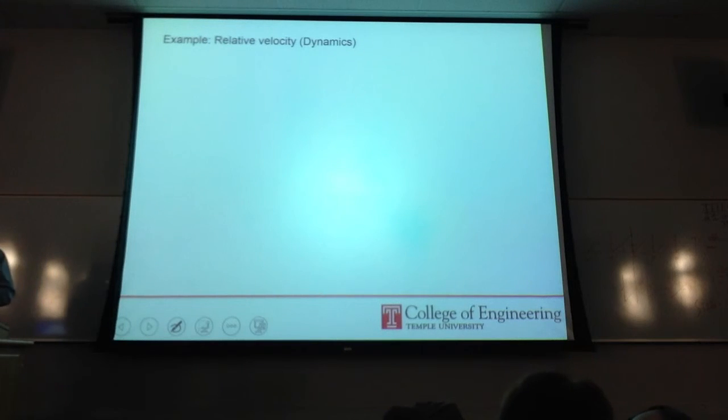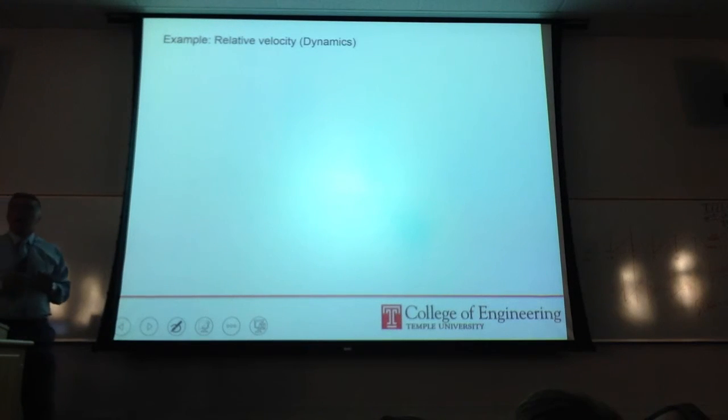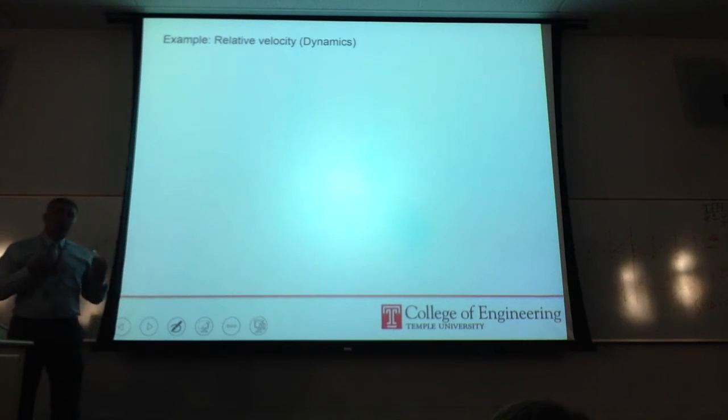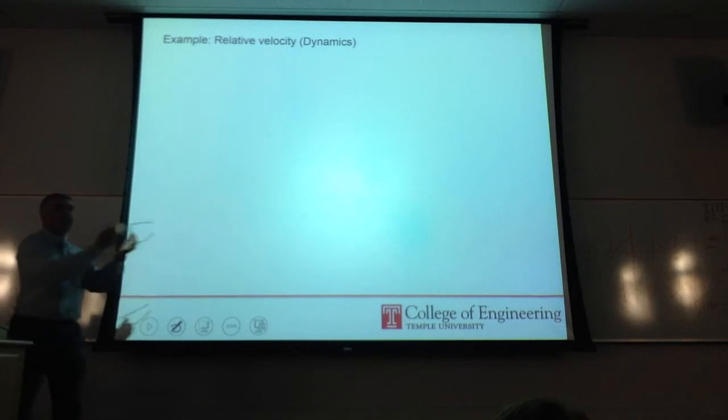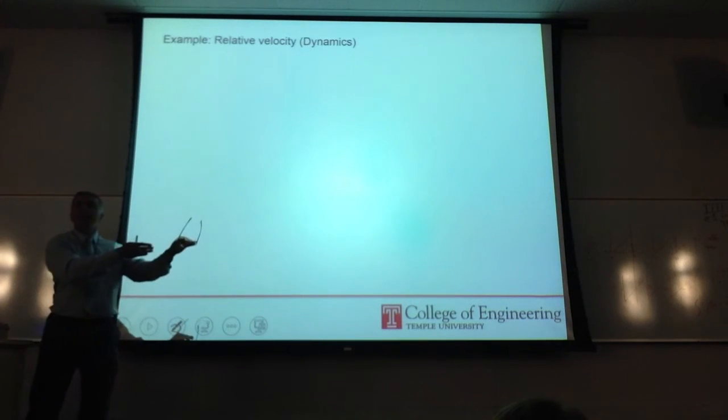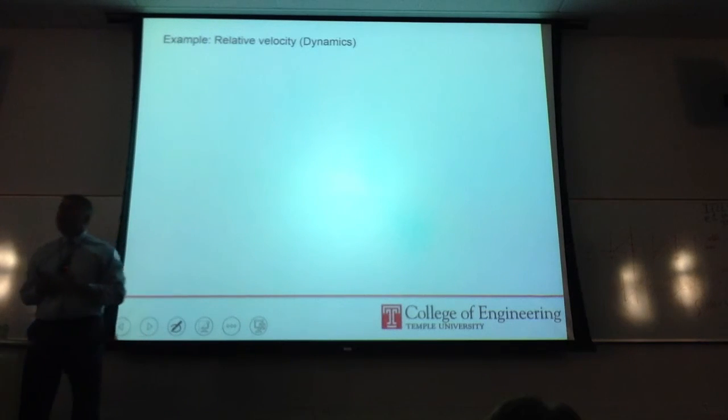Now, relative velocity, you will see it in dynamics. For example, if you are flying at 100 miles per hour, and I am flying 200 miles per hour in the same direction as you are, although my velocity is 200 miles per hour, say going east, compared to you, my relative velocity is only 100, because you're going at 100, I'm going at 200, both of us are moving, so relative to you, it's as if I'm going at 100 miles per hour.